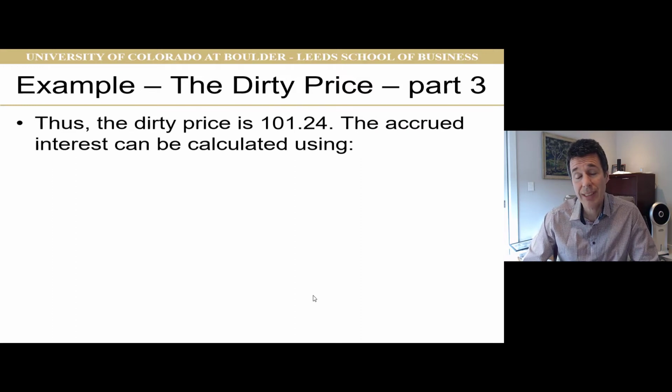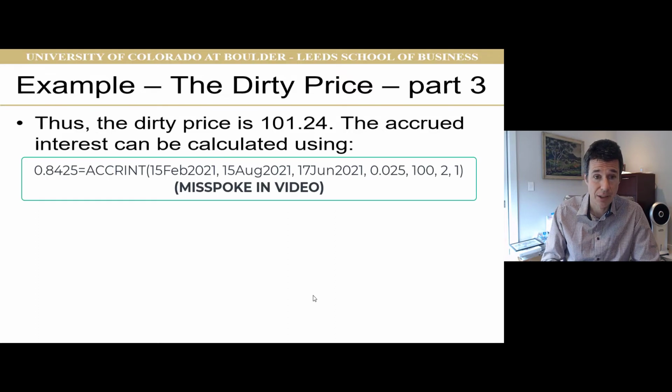In order to find the clean price, we take the dirty price, subtract the accrued interest. The accrued interest, we can use Excel, ACCRINT. That takes the previous coupon date, 15th of February 2021, next coupon date, 15th of August 2021, settlement date, 17th of June 2021, par, 100, frequency 2, it's a semi-annual bond, basis 1, it's a Treasury.